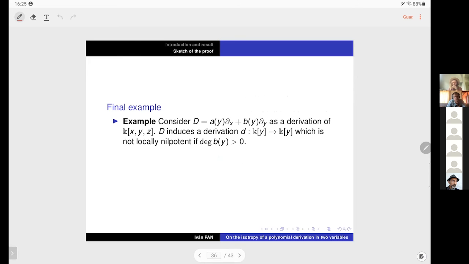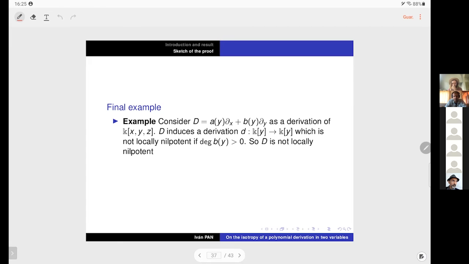Then this derivation, where there is a polynomial which depends only on y and b also, then D, capital D, induces a derivation d in k[y], which is non-nilpotent if the degree of b is greater or equal than 0, clearly, because you apply d several times and then it's never 0 here.